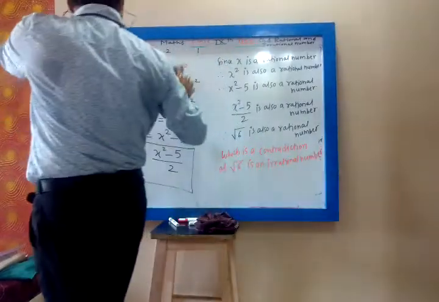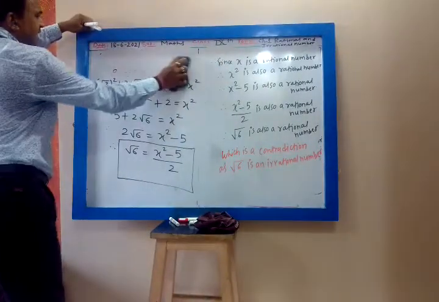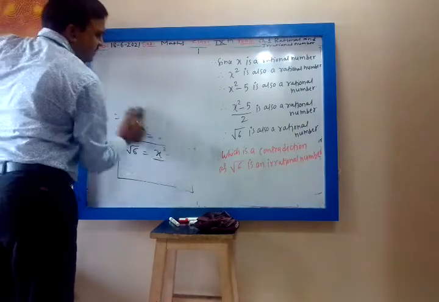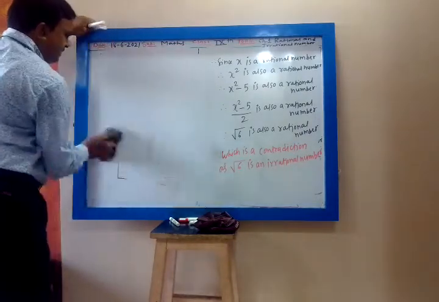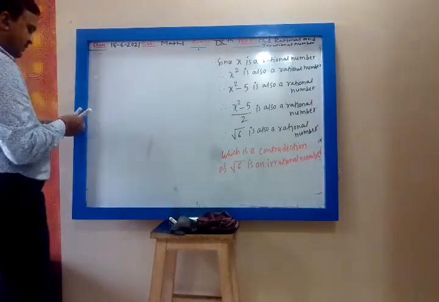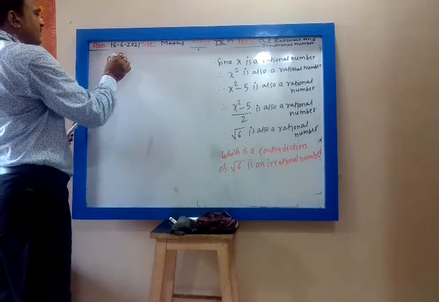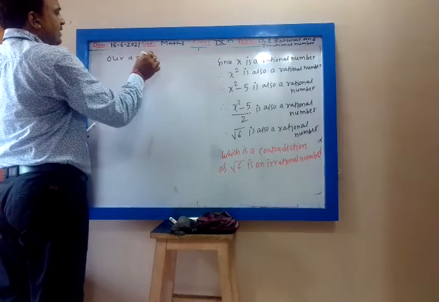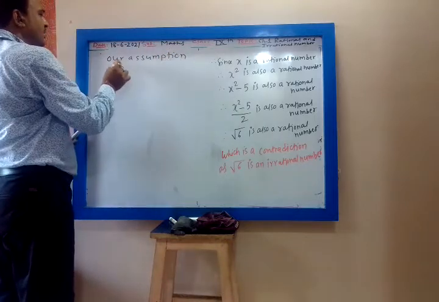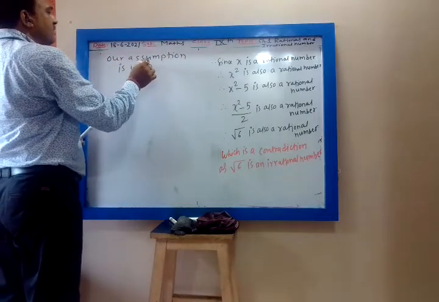So we arrive at a contradiction, and why do we arrive at a contradiction? Because of the wrong assumption. So what was that wrong assumption? We arrive at a contradiction means our assumption is wrong.